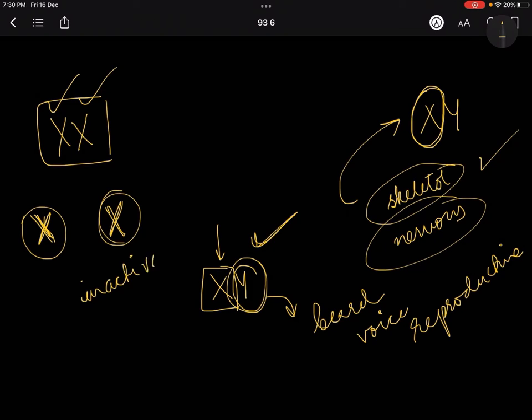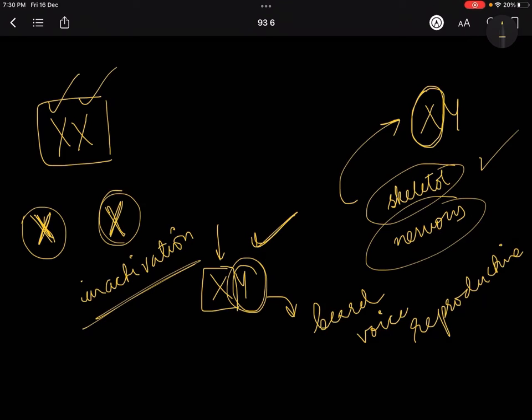That means for them also, at one time only one X's genes are working and the other X is inactivated, because if it is active like the other one, then there are going to be clashes, ठीक है ना? So in the females also one X is working and the other one is inactivated.